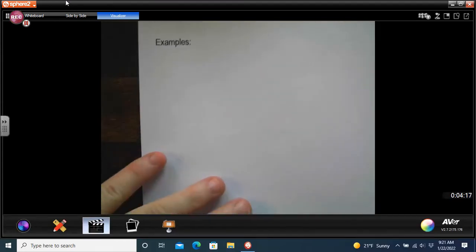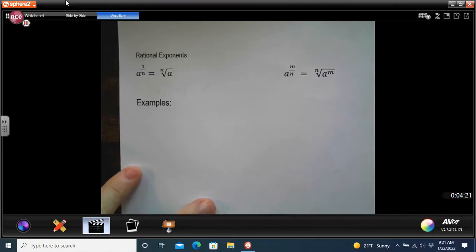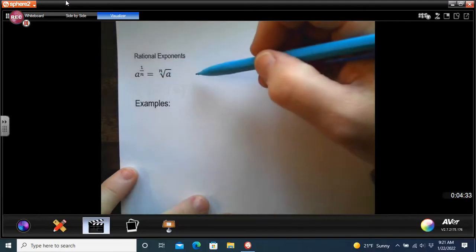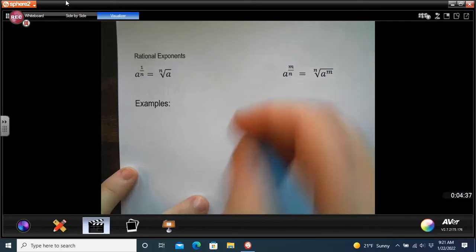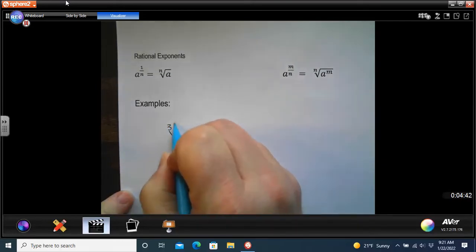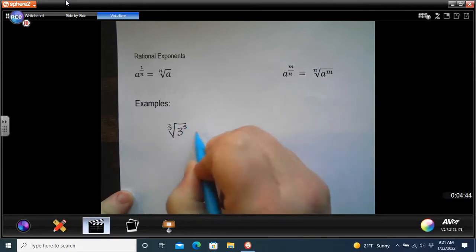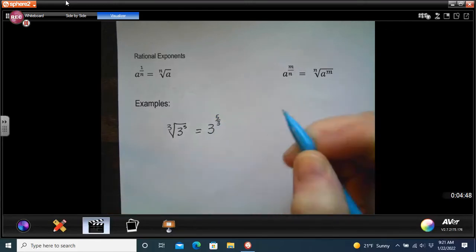So what we like to do is write exponents with rational numbers rather than using the square root sign. Basically, the way that works is if I have the cube root of 3 to the fifth power, that is 3 to the 5 thirds.